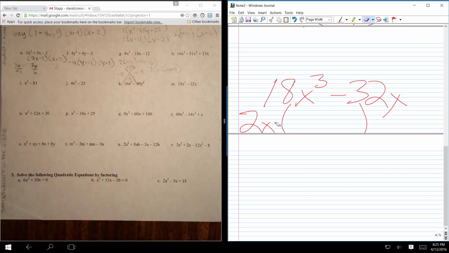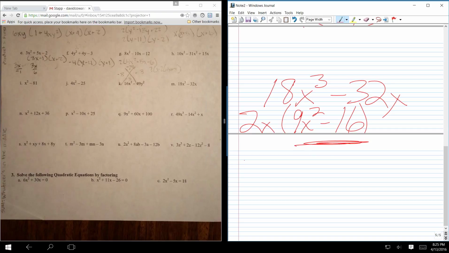When you get the greatest common factor, it has to divide into both terms. Now, what goes here? What is 18x cubed divided by 2x? 9x squared. What is 32x divided by 2x? 16. Now, what is that called?